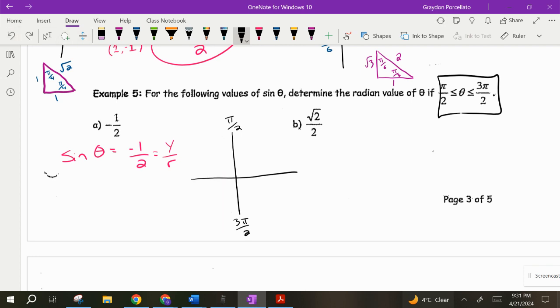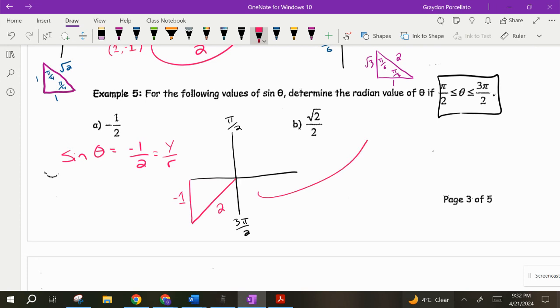So negative 1 over 2. Our y coordinate is negative, so that's going to be here. Negative 1, and our radius is 2. If we think of our special triangles, a radius of 2 is the one we used above.